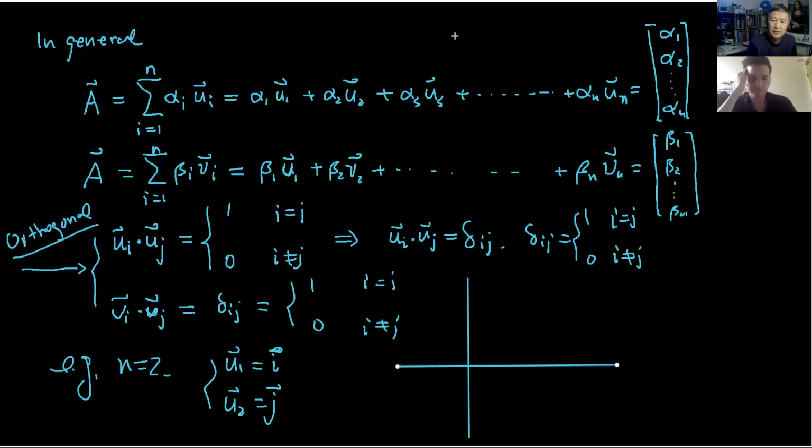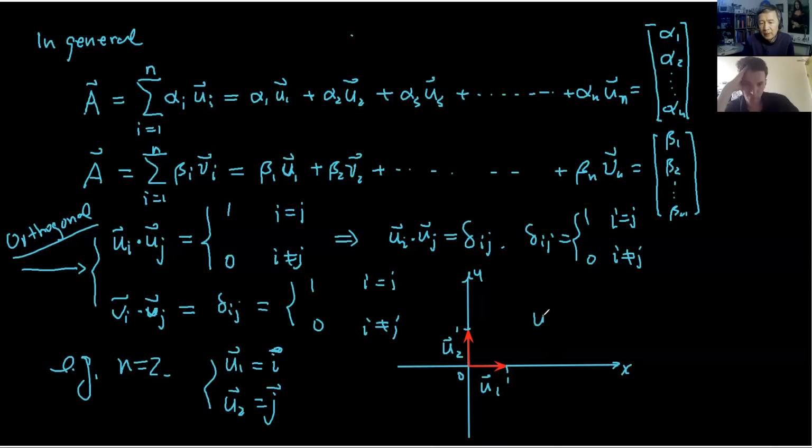So if you write this way, we got x, y, and the unit vector here will be our u1, and the other is u2. We always choose the positive direction as the direction of the unit vector. So that's 1, also 1.